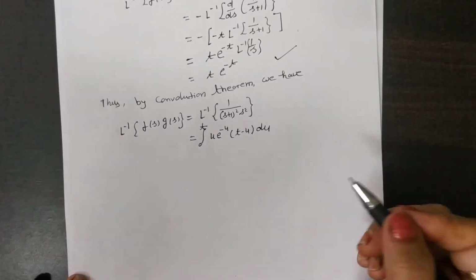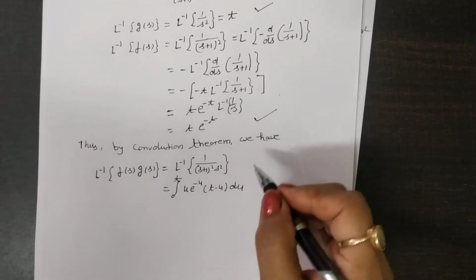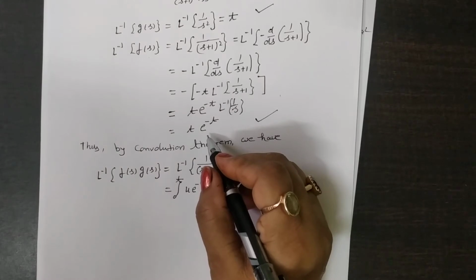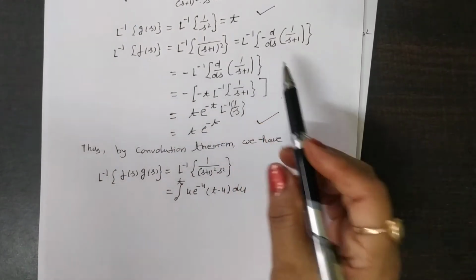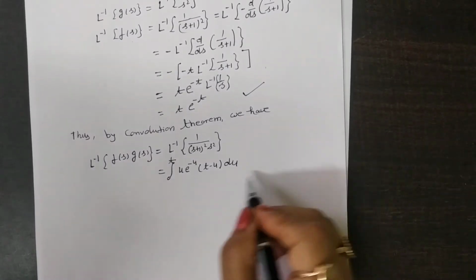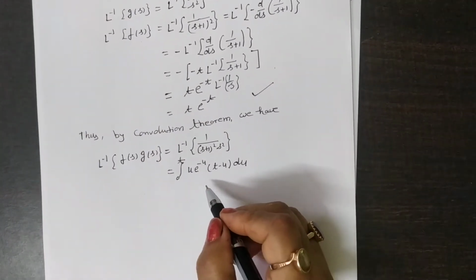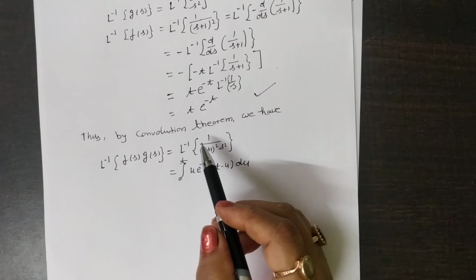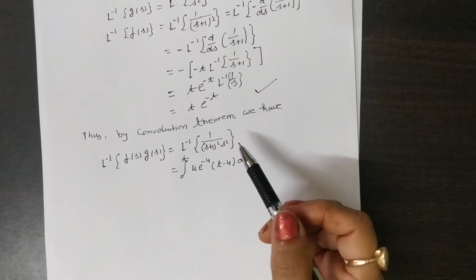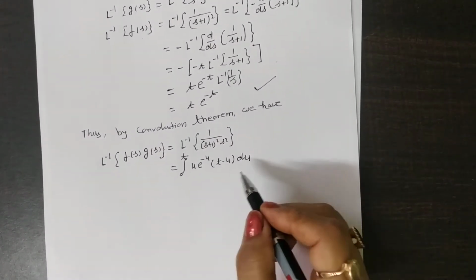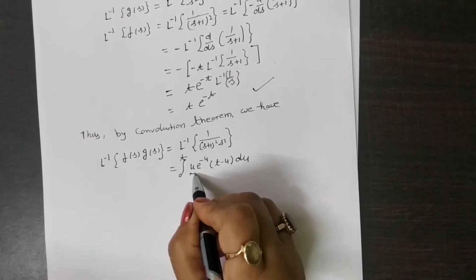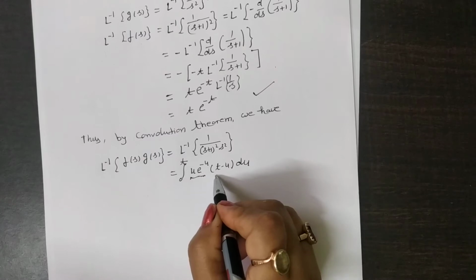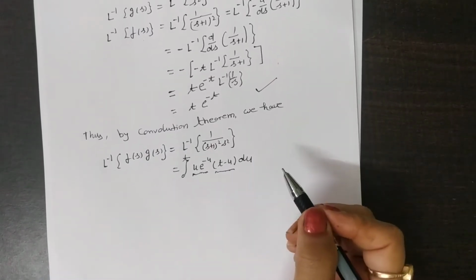Here you see Fs is this one and Gs is this one. And according to the property, you know that f of t and g of t minus u, like that. You know the property. So this term is this one, and this term is this one.